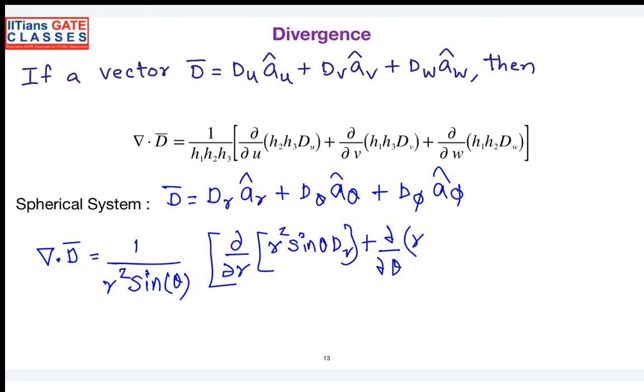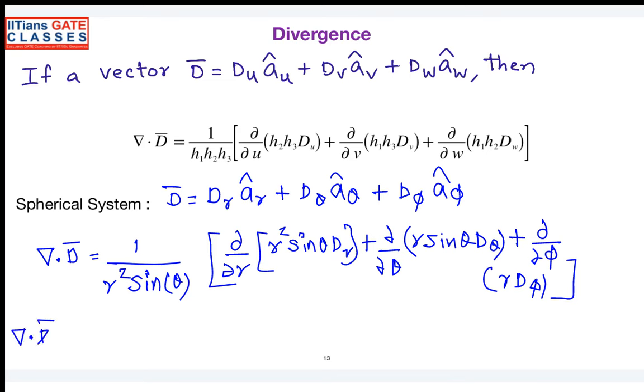So you can further simplify that. Del dot d is equal to, so from the first term, I can take sin theta as common and get cancelled with this. So the first term becomes 1 by r square dou by dou r of r square dr, plus, from the second term, you take r as common.